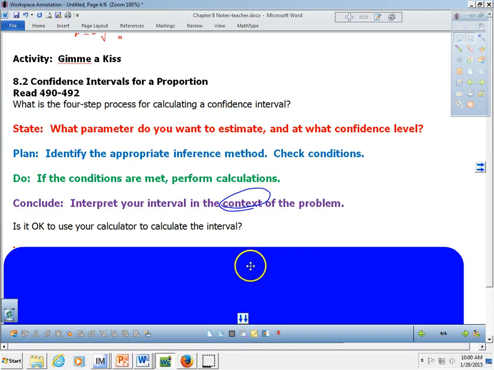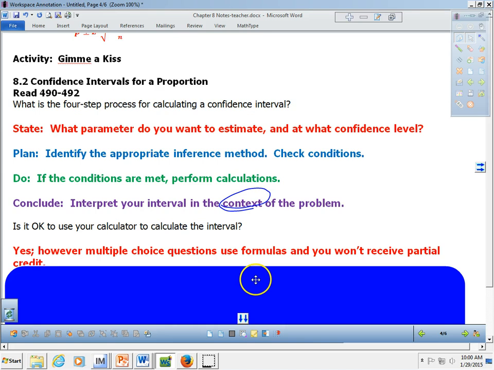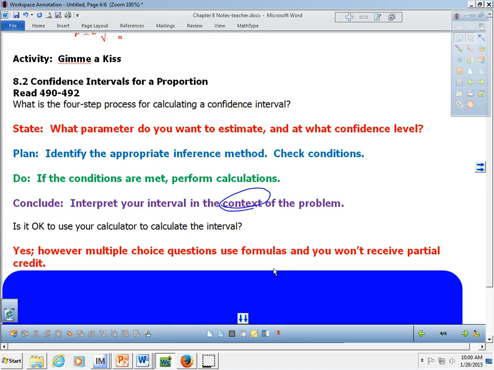A couple of things to keep in mind, okay? One is that multiple choice questions use the formulas, and when they come up with the intervals, the five choices will be intervals that have been created from the formulas. What they'll also do is make some answer choices like A, B, C, and they'll look like this.